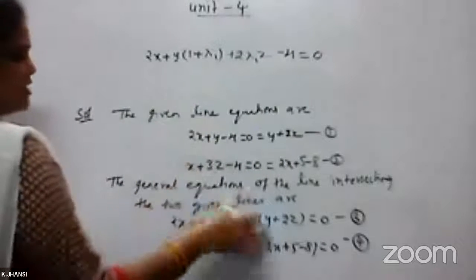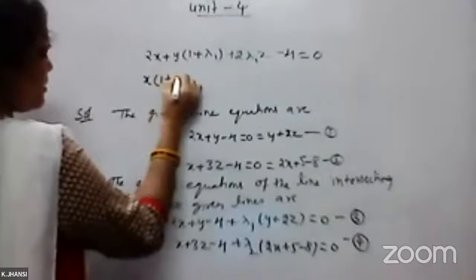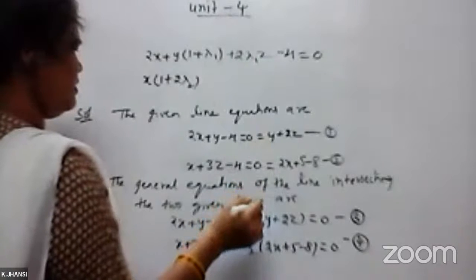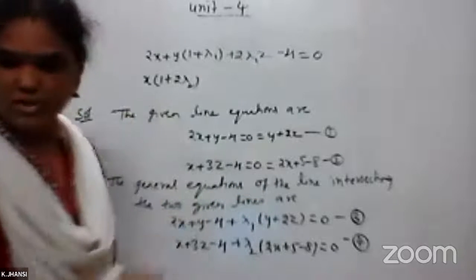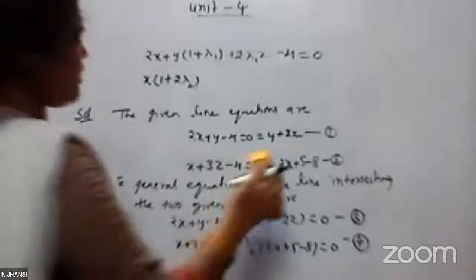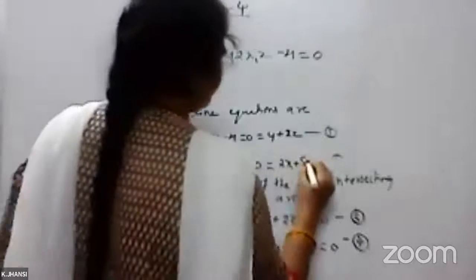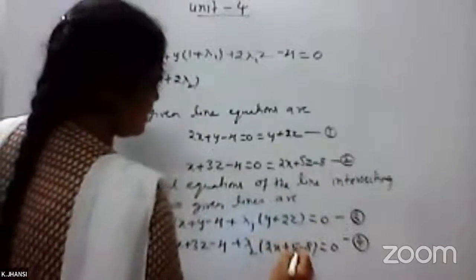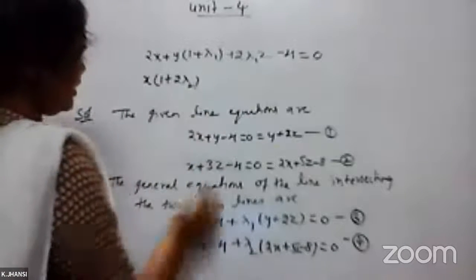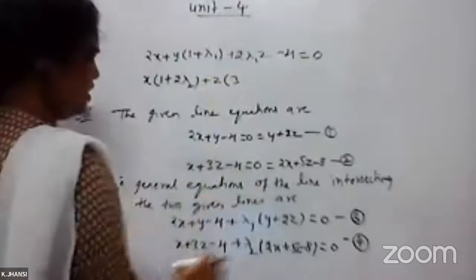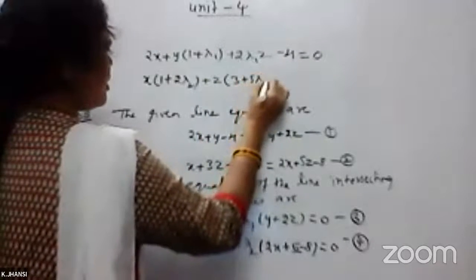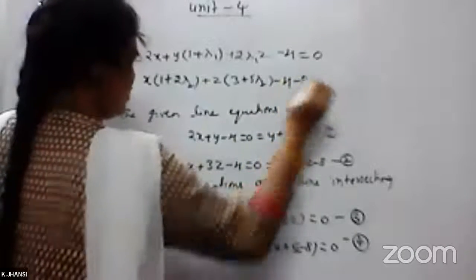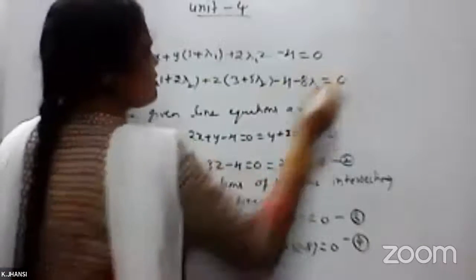Next one, x is there here, so if you take x common, 1 plus 2 lambda 2. Y value is not there. Here 5z is there, so plus z into 3 plus 5 lambda 2. And the constant values are minus 4, minus 8 lambda 2. Okay, so this is equals to 0.